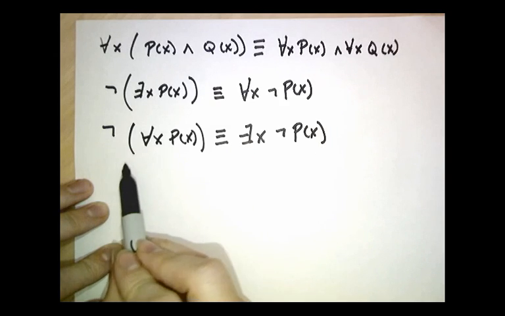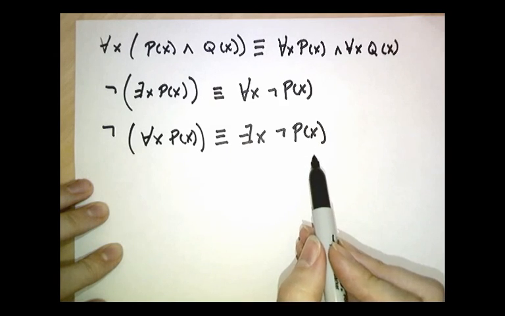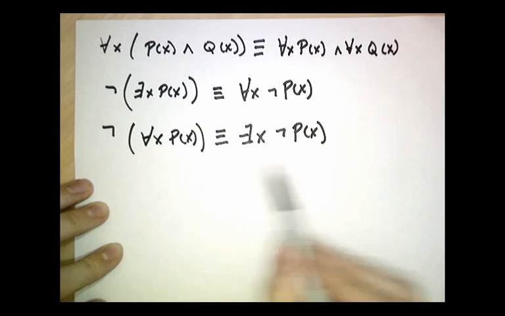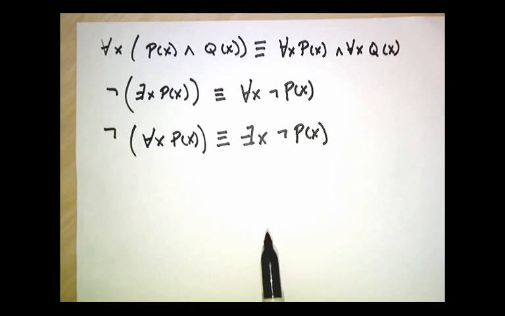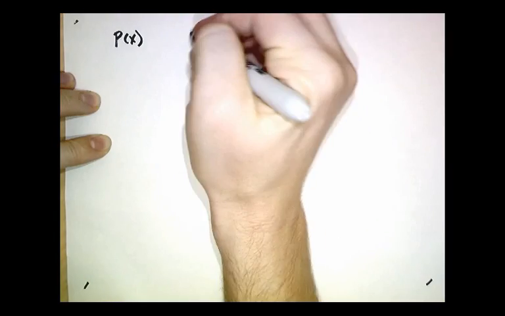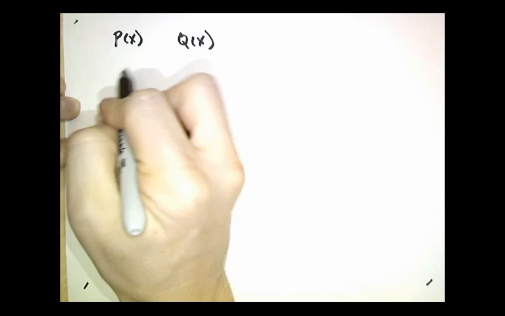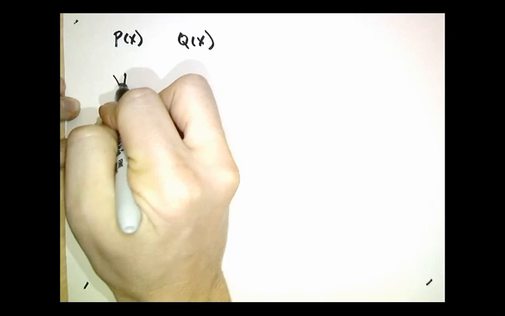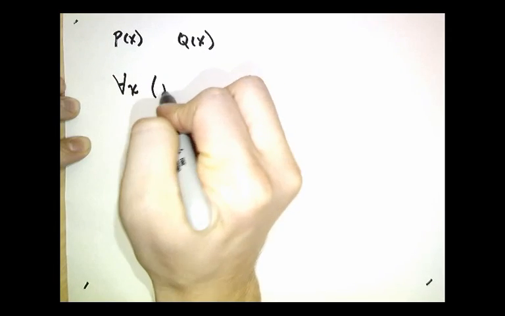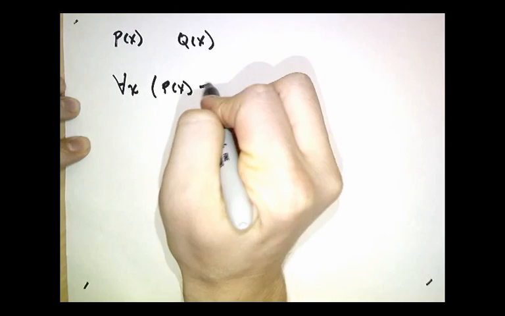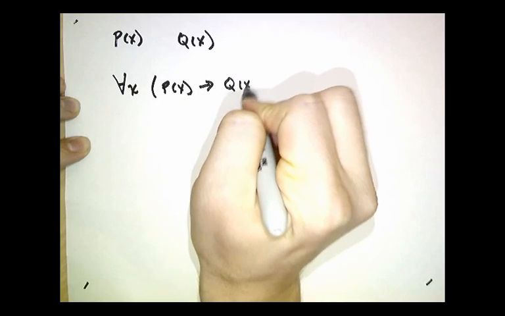Okay, just the way we had De Morgan's laws when working with Boolean formulas, we have De Morgan's laws when we're working with quantifiers. Let's let p of x and q of x be predicates. Here's some notation we haven't seen before. We're going to be interested in the question, is it the case that for every x, p of x implies q of x.